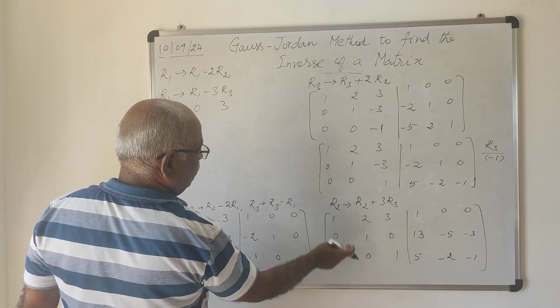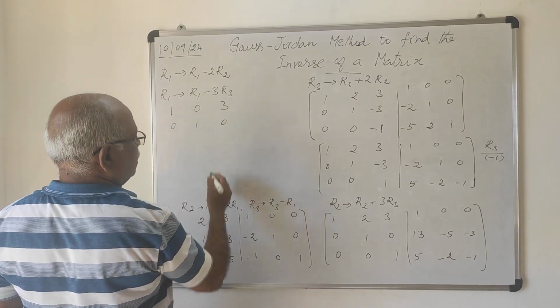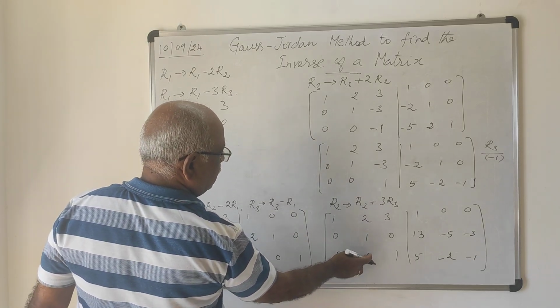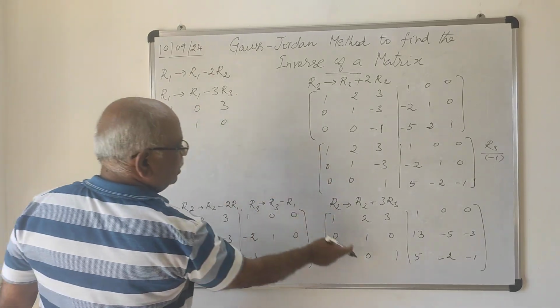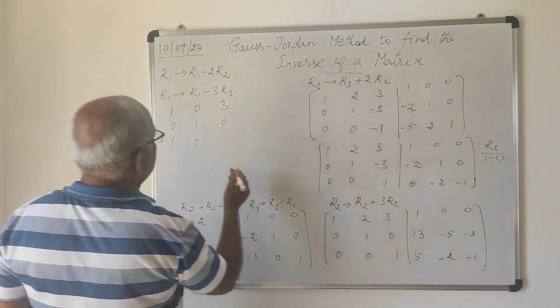R1 minus 3 R3, 1 minus 0. Second row as it is, right? Third row is 1 minus 0, 1. R1 minus R1 is 0, minus 0, 0. And 3 minus 3.